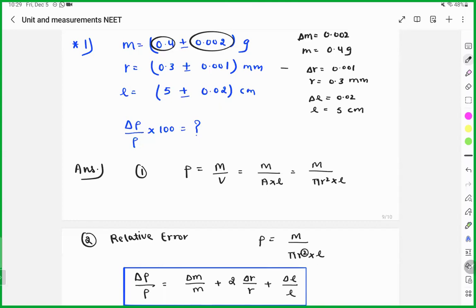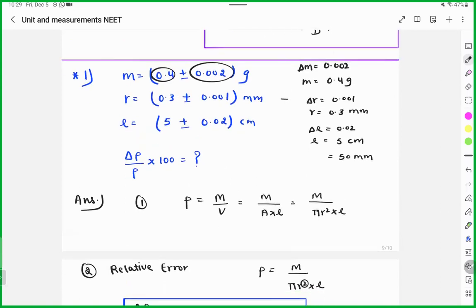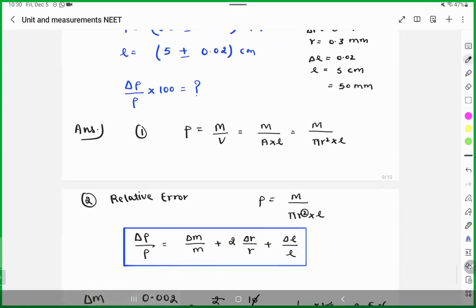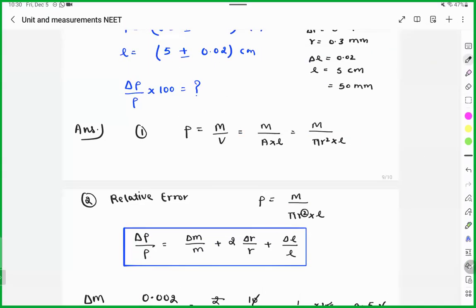If you convert centimeter into millimeter, what was the value? 5 length. So it is 50 millimeter.